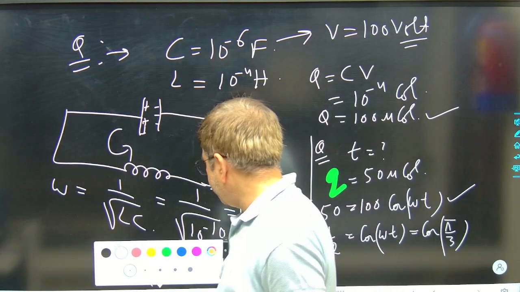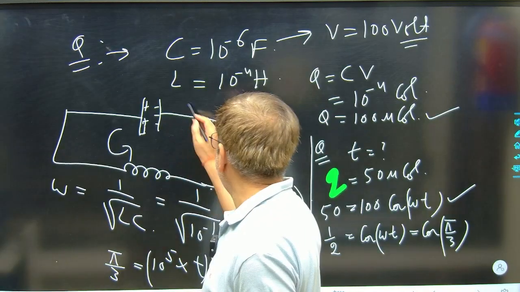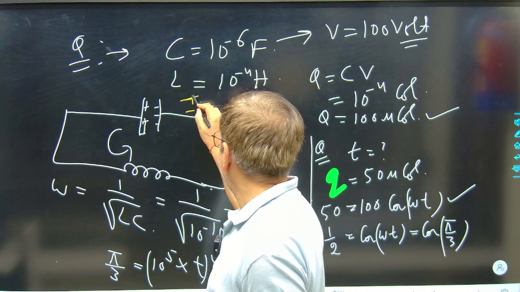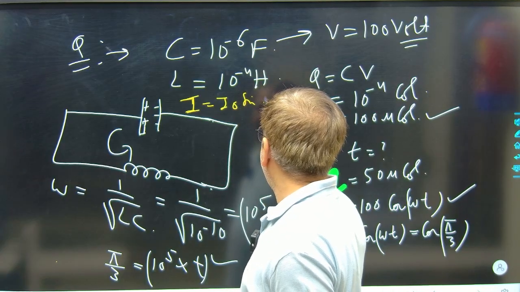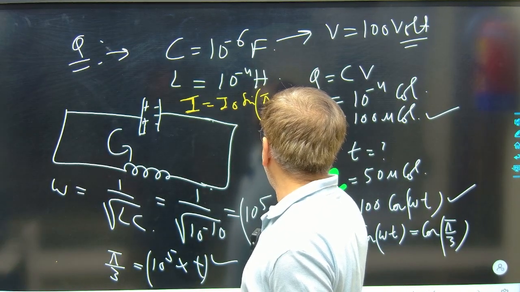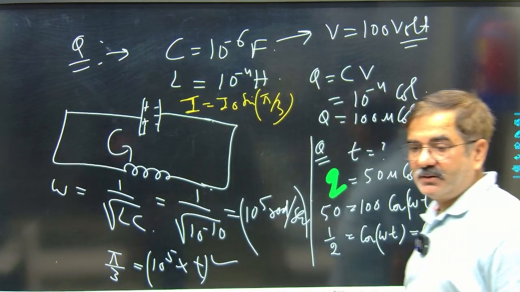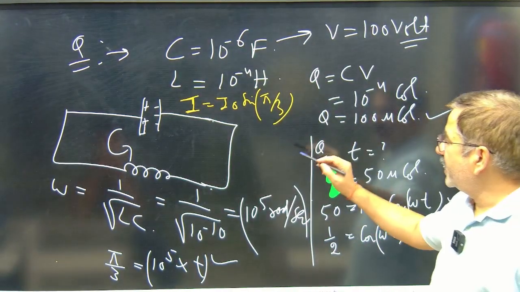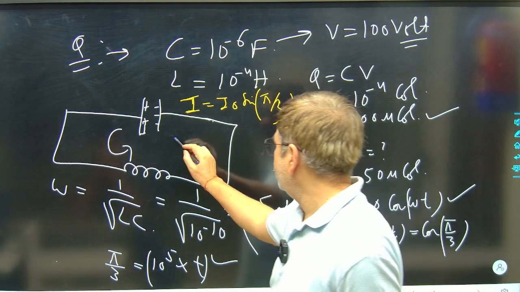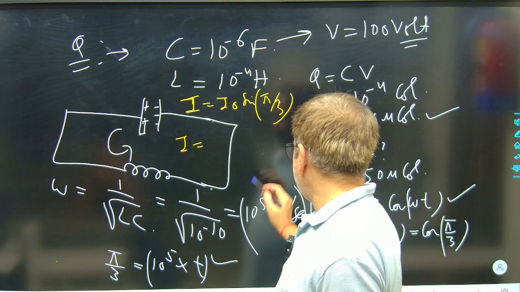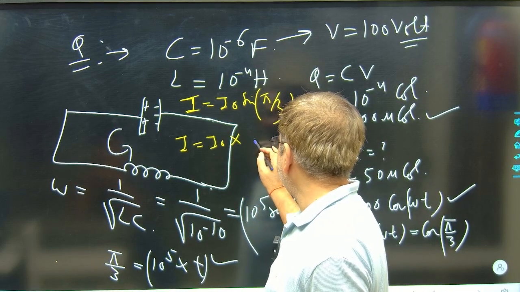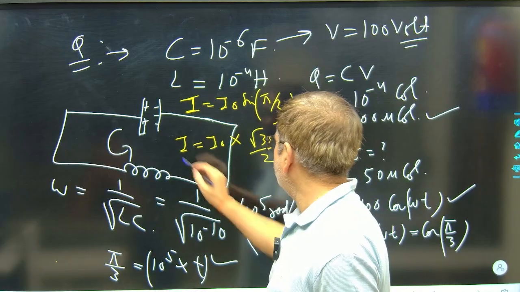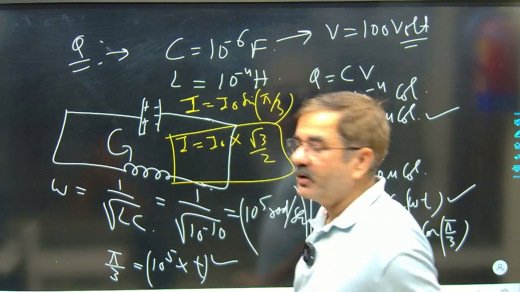For the current flow, the equation I will write is I equal to I naught into sine pi by 3, because for the same time I can get the current flow in the circuit, correct? So I is equal to I naught into sine omega t, and sine pi by 3 is root 3 by 2. So this is the result for oscillation.